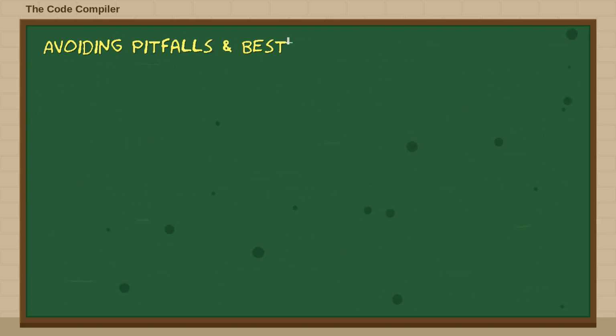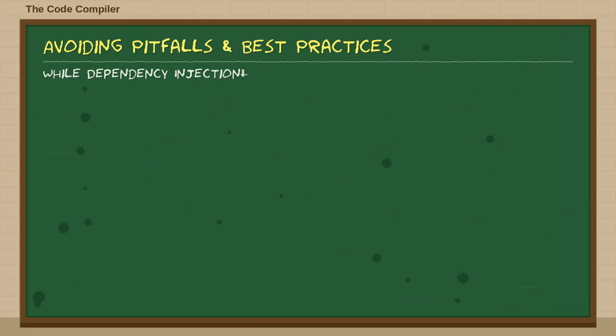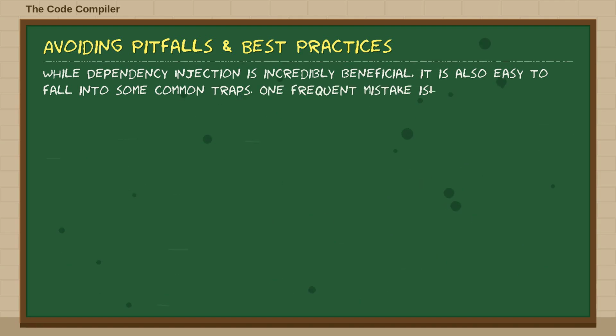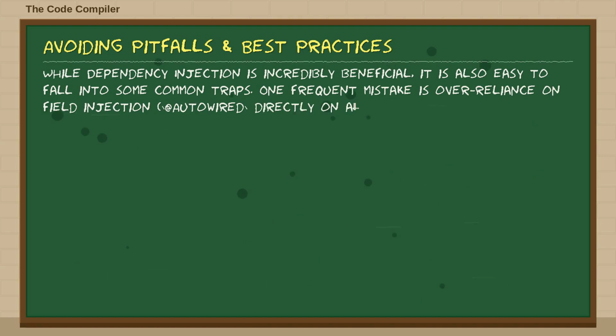While dependency injection is incredibly beneficial, it is also easy to fall into some common traps. One frequent mistake is over-reliance on field injection, @Autowired directly on a field for mandatory dependencies.